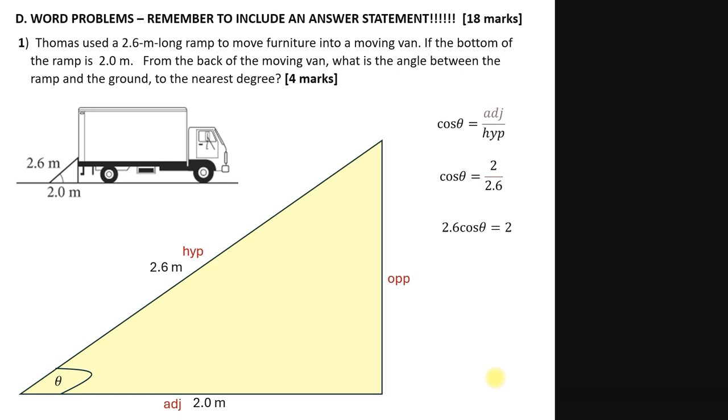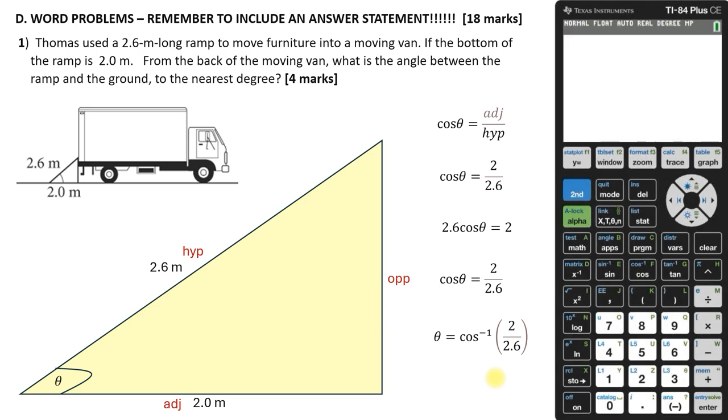Rearranging it algebraically, we can say 2.6 times the cos of theta equals 2. The cosine of theta equals 2 over 2.6. And theta equals the inverse cosine of 2 over 2.6.